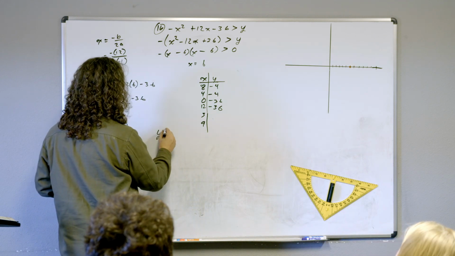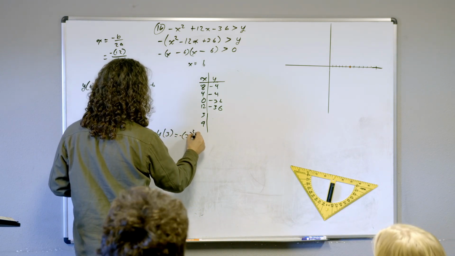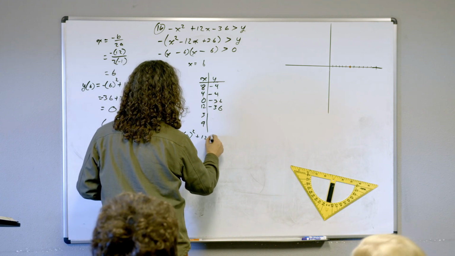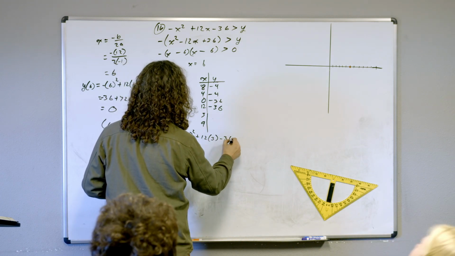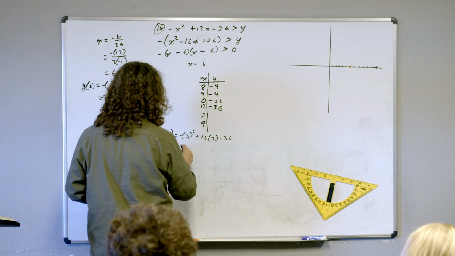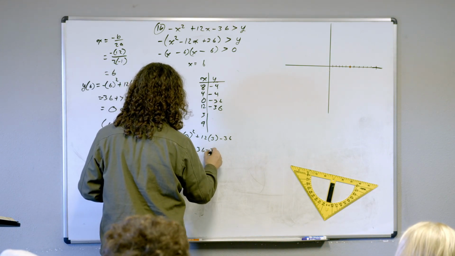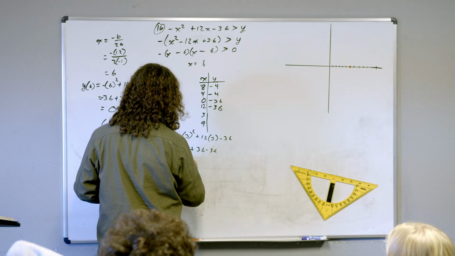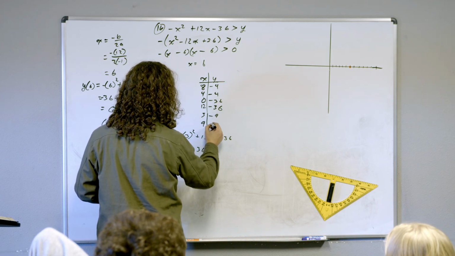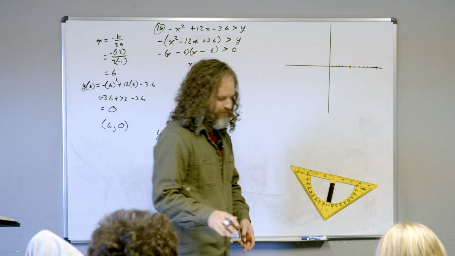So y of 3: negative 3 squared plus 12 times 3 minus 36. What's 3 squared? 9. Negative 9. 12 times 3 is 36. Hey, it looks pretty. Negative 9. That's reasonable. We'll graph those.